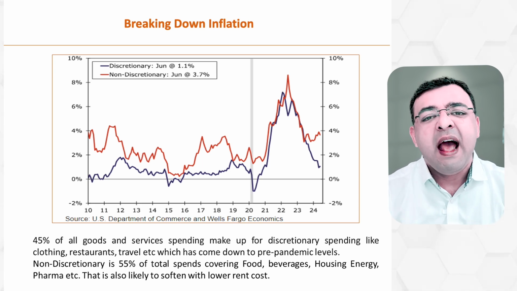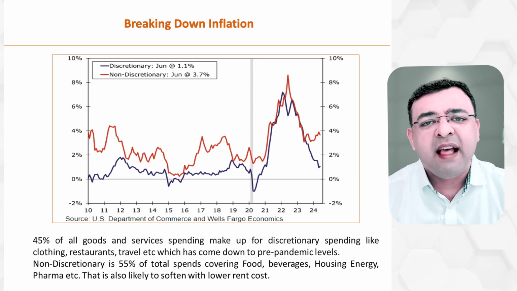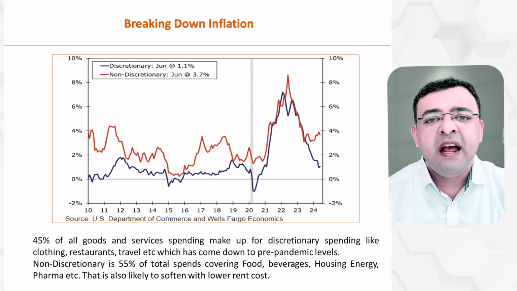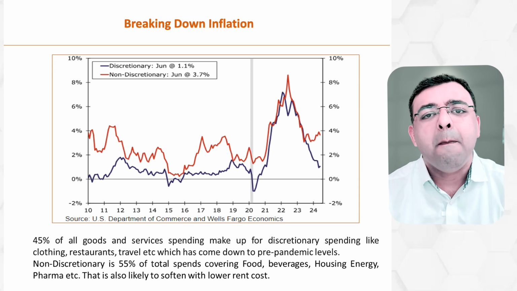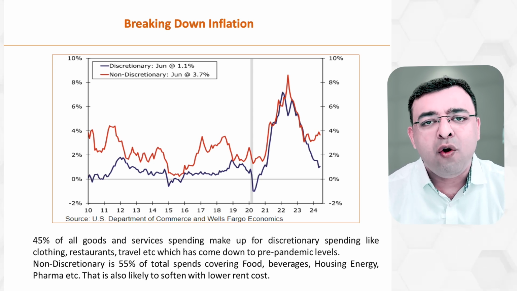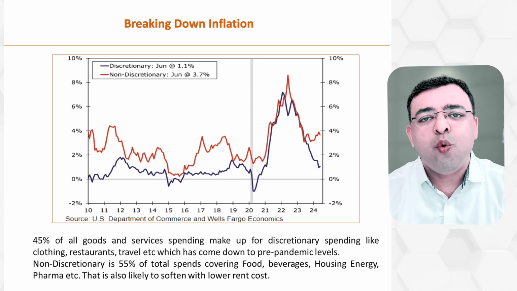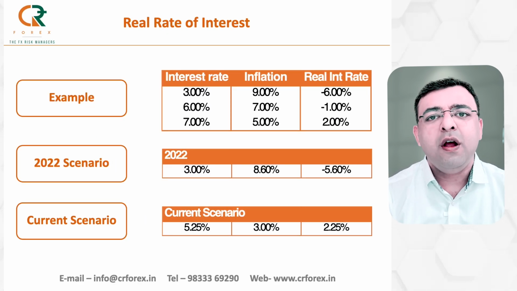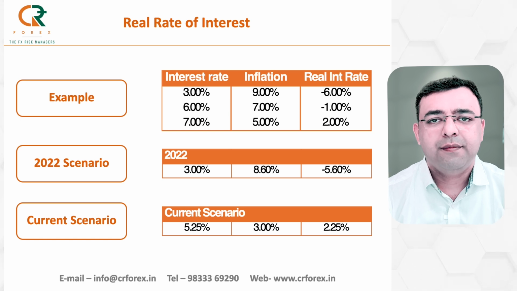Discretionary inflation means inflation on luxury items. Non-discretionary inflation is currently trading above 2%, but we are expecting it to come down close to 2.5% in coming days because of lower housing cost.